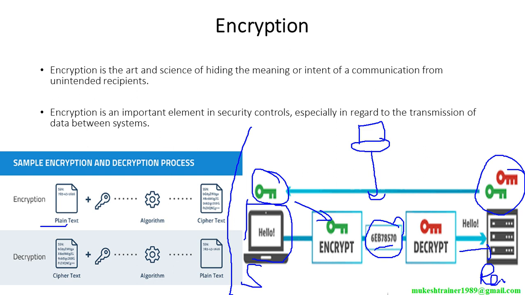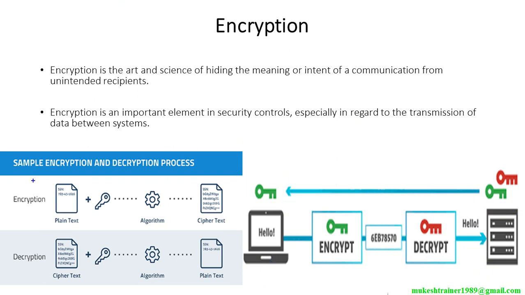So how does it take place? Here is the encryption: your plain text, your data, plus the encryption key, and then there is an encryption algorithm. After the encryption algorithm, your text becomes something different. Who is decrypting? The receiver.